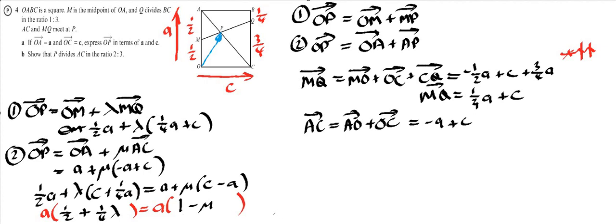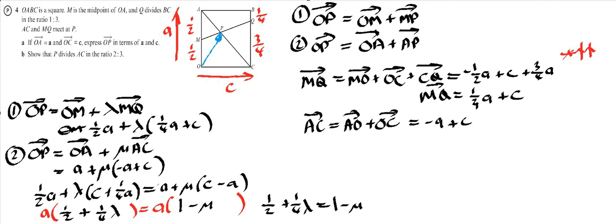Now I can make those equal because we're equating coefficients: a half plus a quarter lambda equals 1 minus mu. That's one equation. I need two because I need a simultaneous equation.